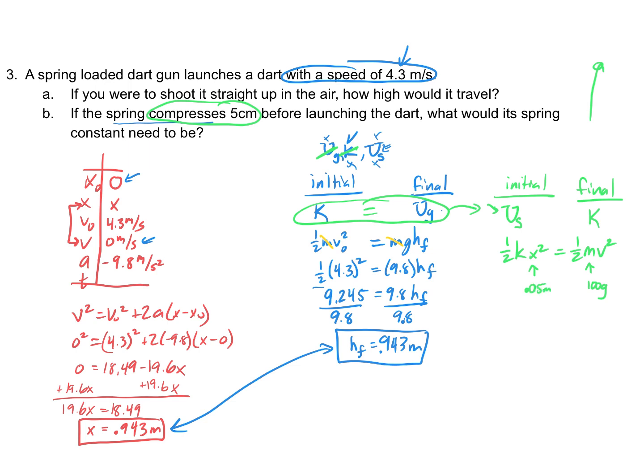So now I think I'm ready to start throwing some numbers in. I'm going to go 1/2 times k times 0.05 squared is equal to 1/2 times the mass, which is 100 grams, so that'll be 0.100 kilograms. It's got to be in kilograms, times the velocity, which was that 4.3 squared. All right, now I can multiply everything over on the right.